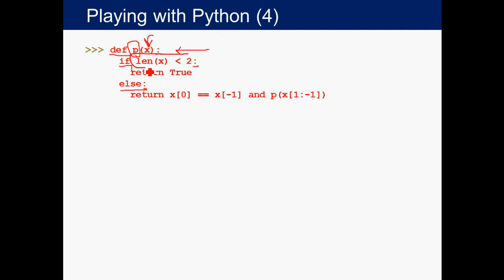This is something that you have to evaluate. If length of X is less than 2, then return this. Otherwise, return something else. Something else, you don't have to worry about this for a while, right? This is very complicated, right?